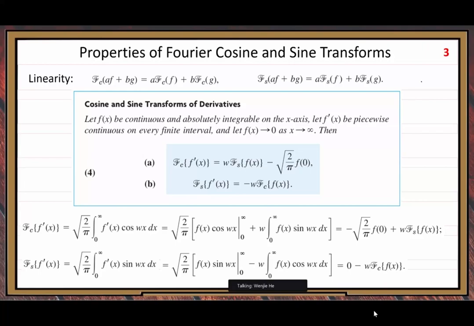But there is one big difference. For the Fourier cosine transform and Fourier sine transform, when our f function is real valued, after the transform we also get a real function. From real function to real function, very natural for both sine and cosine.